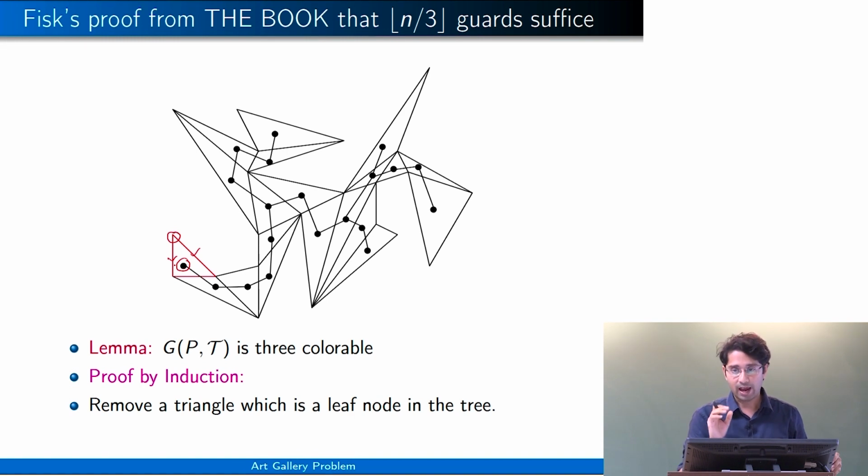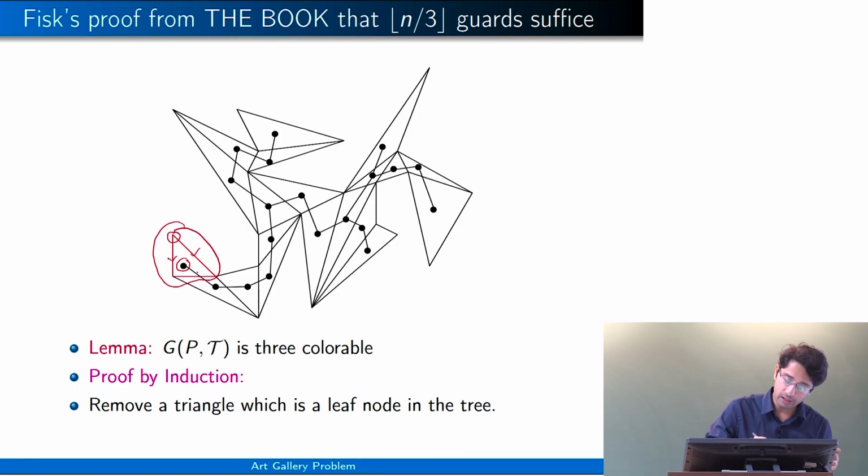And what is the object associated with each vertex of the dual? It's a triangle. Yes. That means this triangle will share an edge with only one other triangle. That means if I can color the rest of the graph, these vertices will get some colors in the coloring of the n-1 sized polygon.